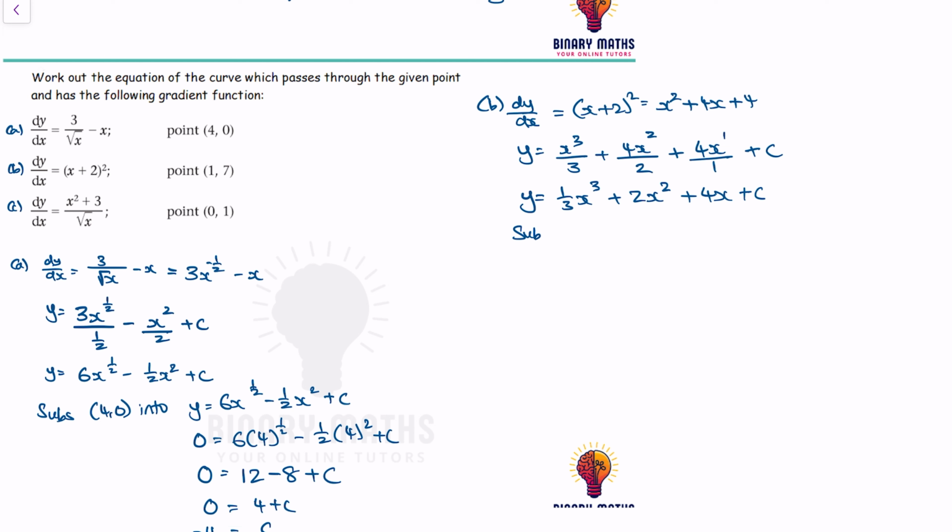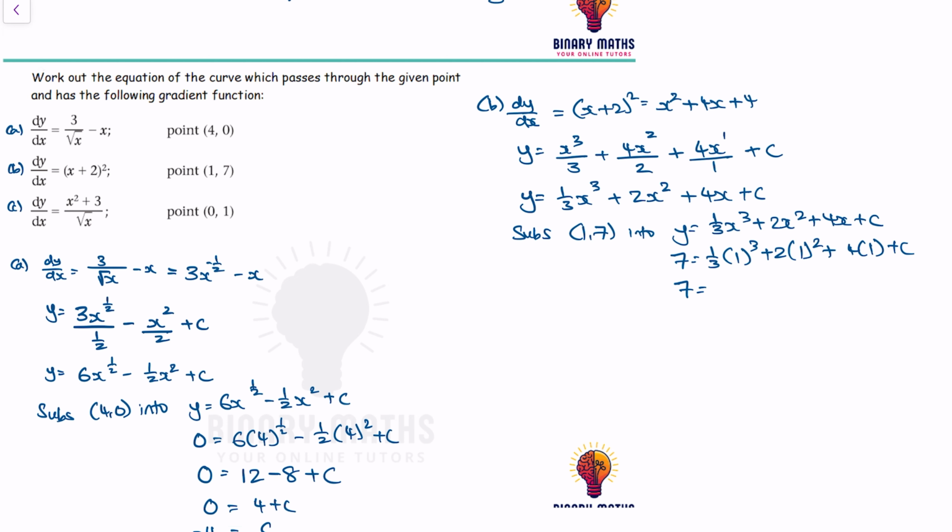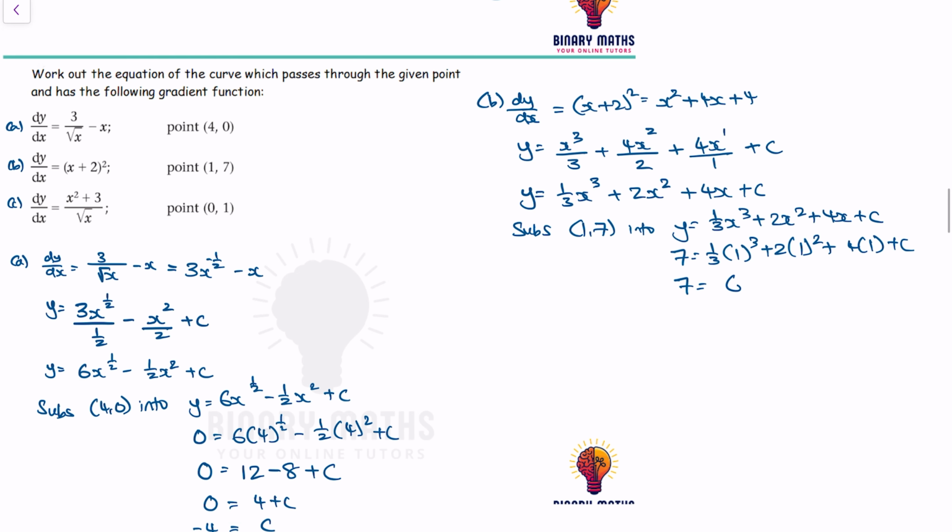I need to substitute the point that I know, which is 1, 7, into y is equal to a third x cubed plus 2x squared plus 4x plus c to find my c, which means 7 is equal to a third times 1 cubed plus 2 times 1 squared plus 4 times 1 plus c, which means 7 is equal to a third plus 2 plus 4, which is 6 and a third, plus c, which means c is equal to 2/3.